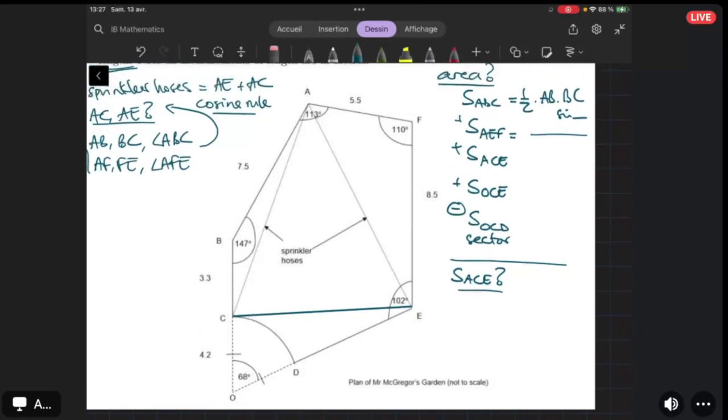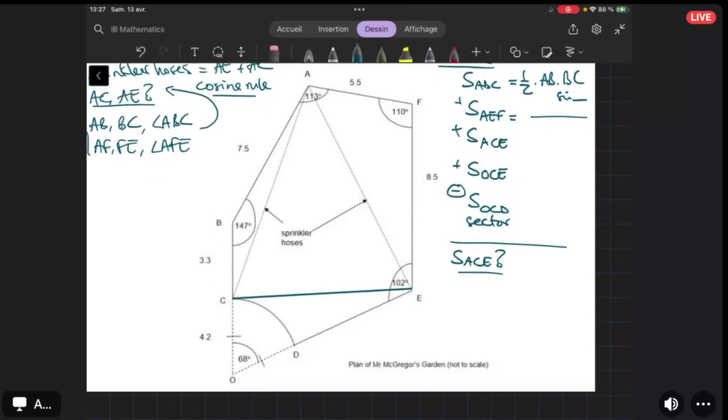Once you have AE and AC, you can find CE using the cosine rule, and use the cosine rule to find the angle. On the right track. So we have AC and CE from above, right? Sine rule now can be used to find BAC and FAE. We also know the total value.